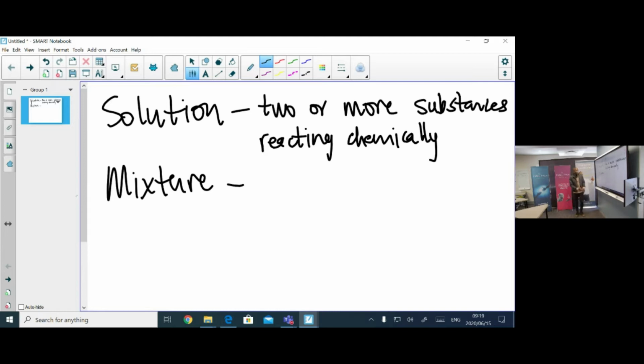But in terms of a mixture, they do not react chemically. They are mixing together, but there's no chemical reaction taking part.